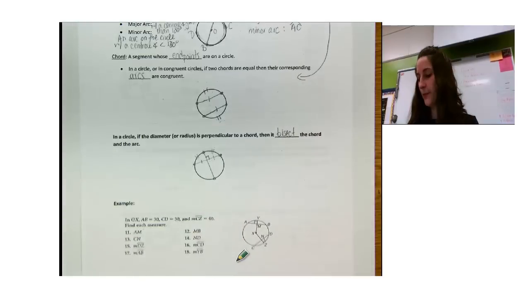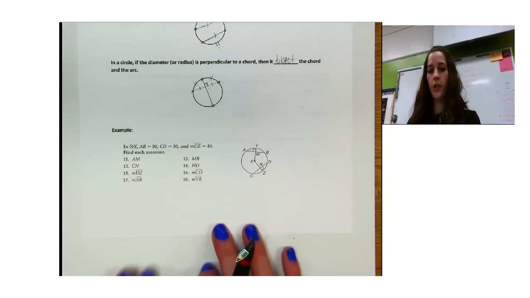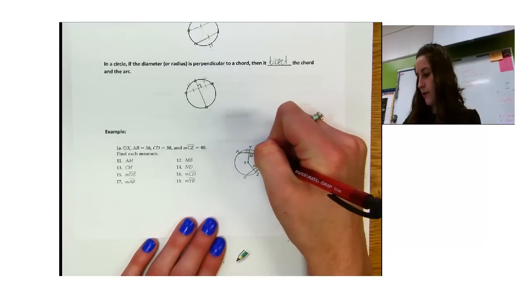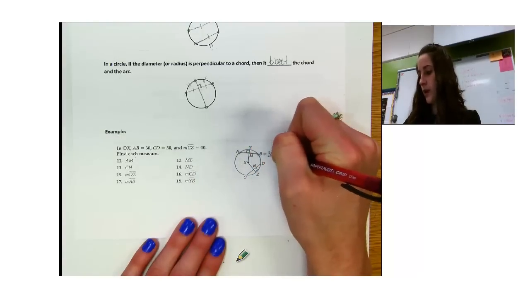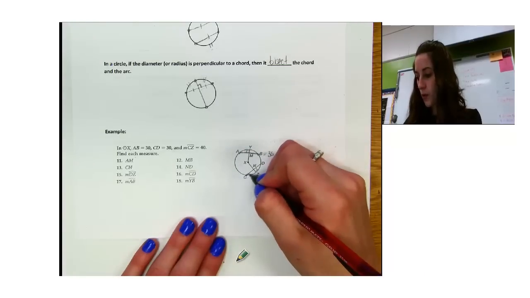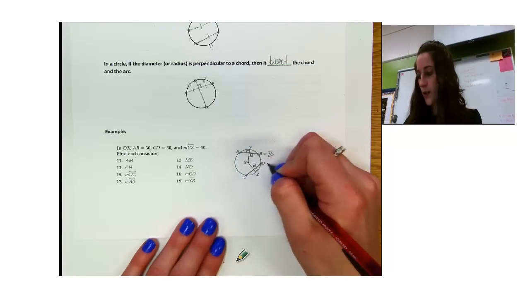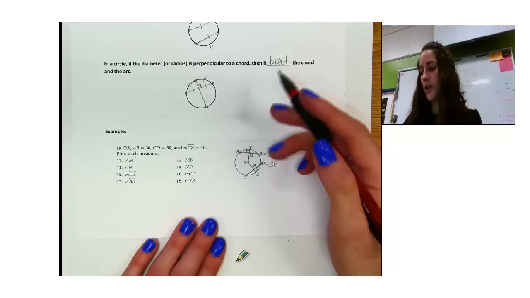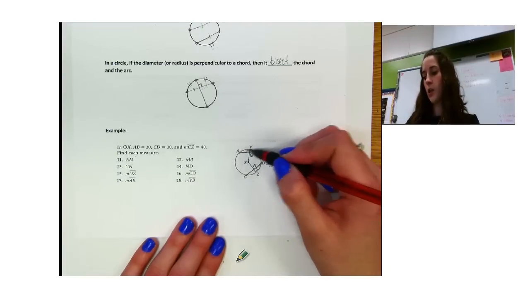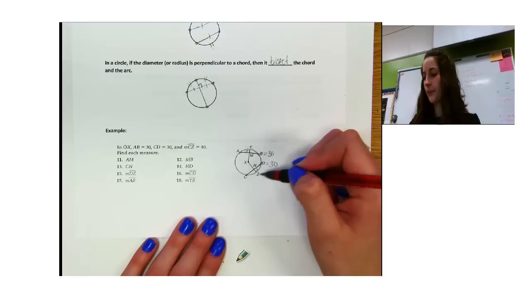Let's take a look at an example. In circle X, AB is going to be 30. So we have AB equal to 30. CD is also going to be 30. So those two chords are congruent. And we know from above that if the two chords are congruent, then their corresponding arcs are also going to be congruent.